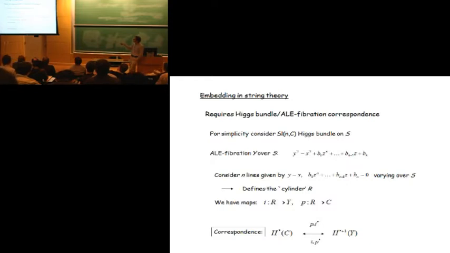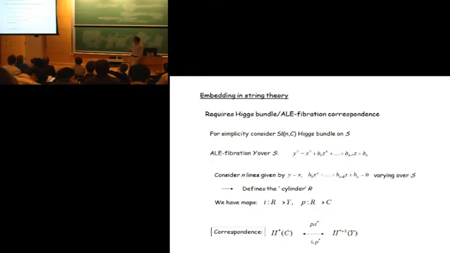It's 3 variables, so it's a 2 complex dimensional space, and this sits over S. So the whole thing in this case is an 8 real dimensional, or 4 complex dimensional, manifold. This Y has 4 complex dimensions: 2 complex dimensions of the ALE, and the base is S.